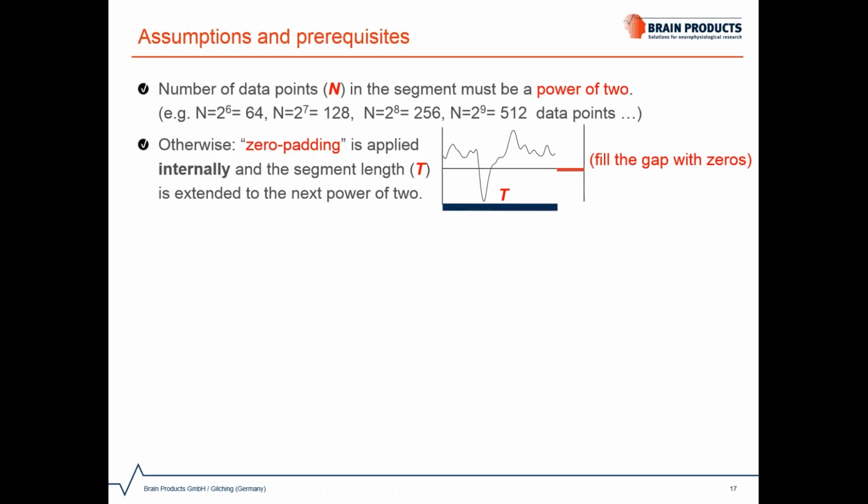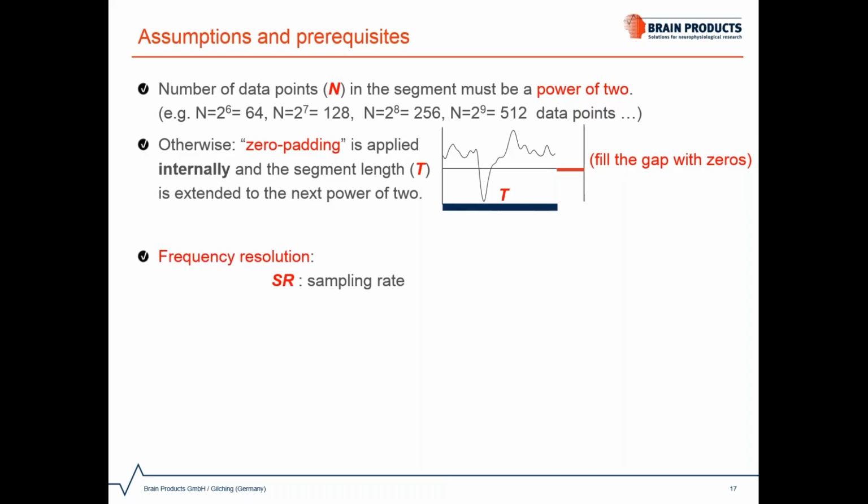Zero padding in the time domain is equivalent to interpolation in the frequency domain. Therefore, interpolation will take place internally, keeping the energy of the input signal constant. This means that you will only notice the consequence at the later stage when you observe the frequency resolution.